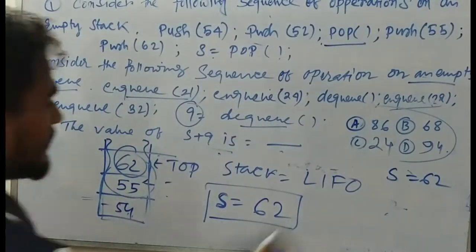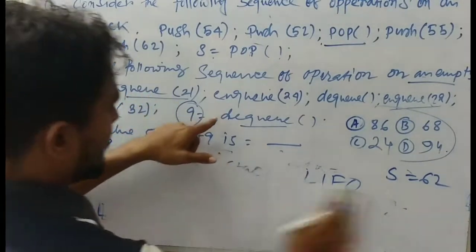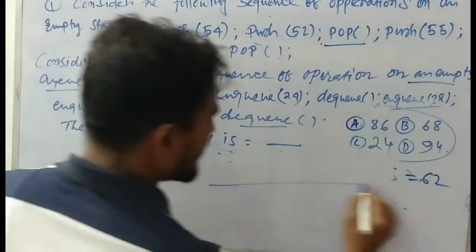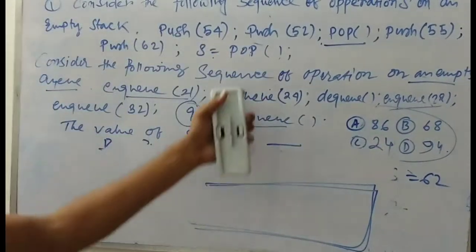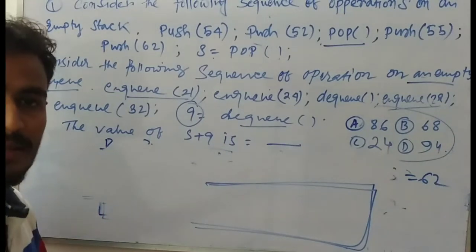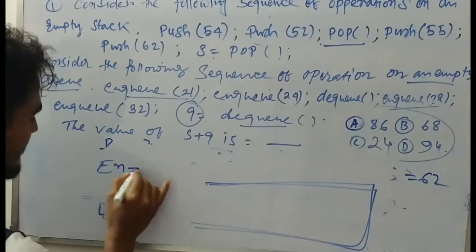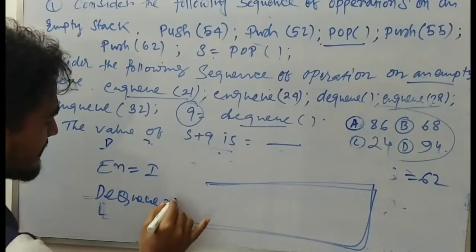Next I find the queue operations. The queue is maintained as in this figure. NQ means insertion and DQ means deletion.